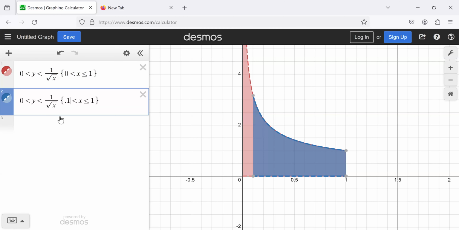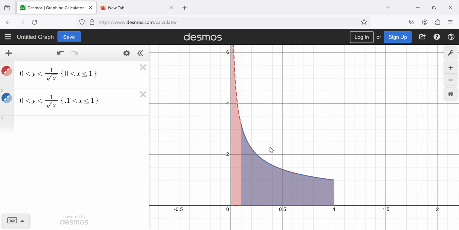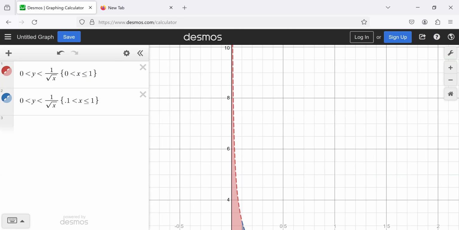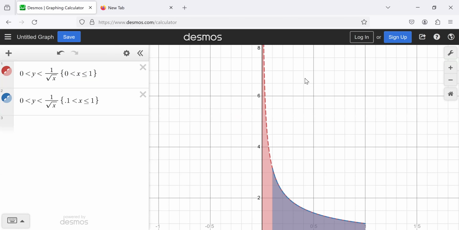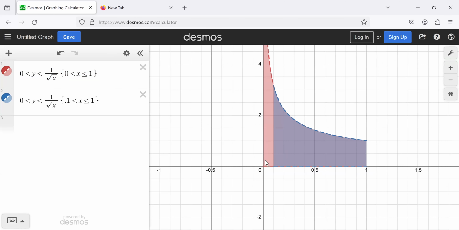If we compare this, the area we can find, with this, the area we actually want to find, we see that it has this entire shaded region in common. But we're also missing a bunch of area. All this stuff up here, this pink region in here, this is area that we want and don't have.